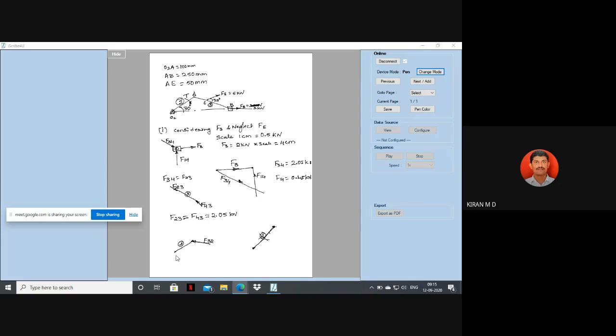So the opposite force also is like that, at the same angle as this one. Like this. So this is F12.